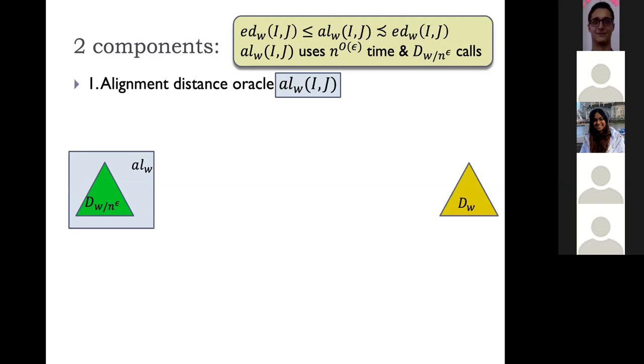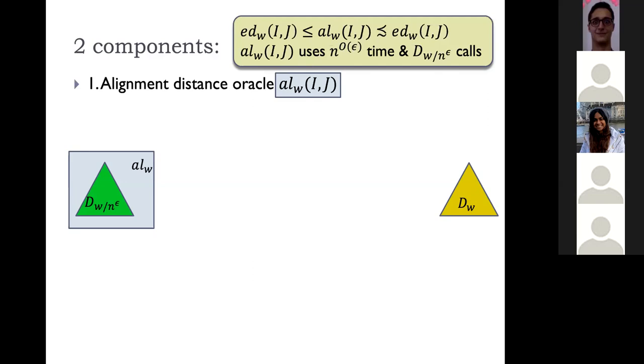This is where going from shorter substrings to longer substrings happens. Somehow it puts together substrings and implements some kind of dynamic programming. And again, the guarantees for these alignment distances will be roughly the same, but we'll want at the end of the day from the distance oracle on the longer substrings: the lower bound always holds, but the upper bound is again up to this squiggly inequality.